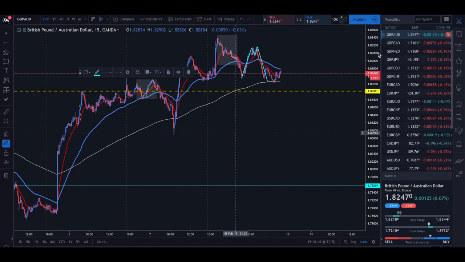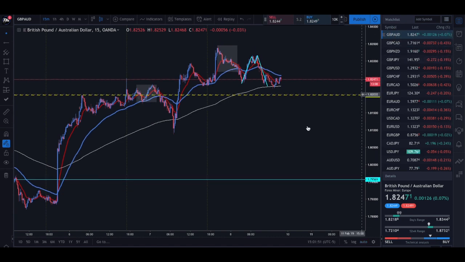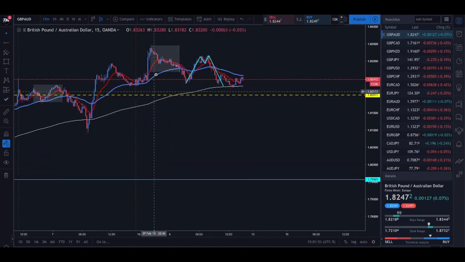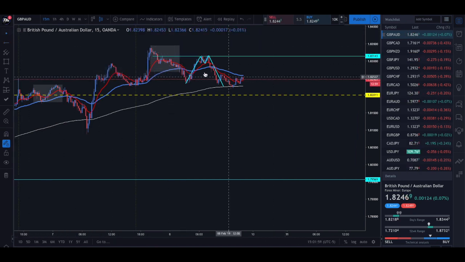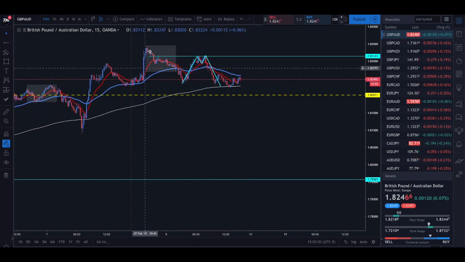First one we're going to start out with is pound AUD, and we end up getting a nice type 3 setup after the Asian session. Here's our Asian session, then we move down, make the initial move up, accumulate, and then drop.